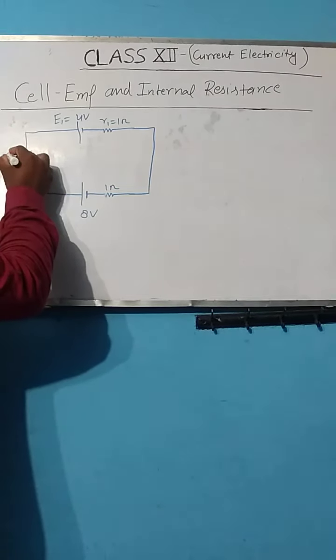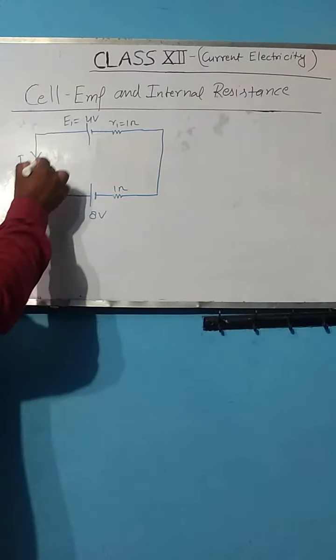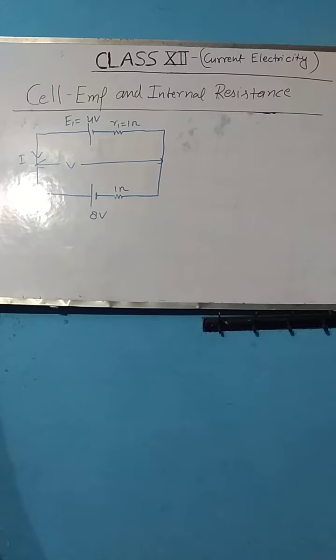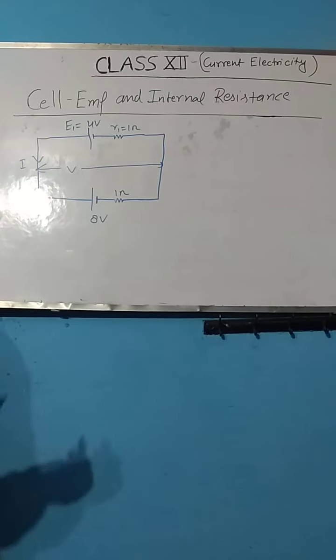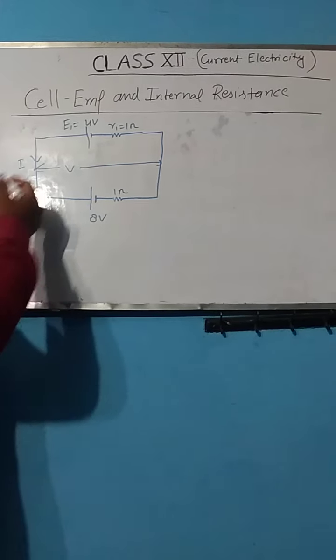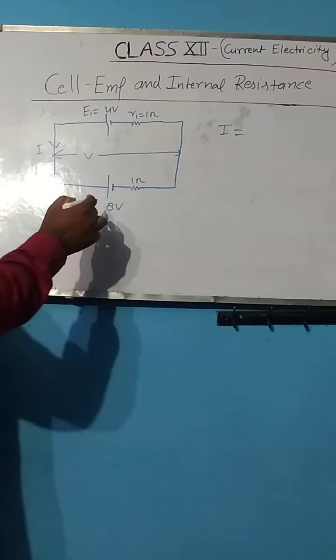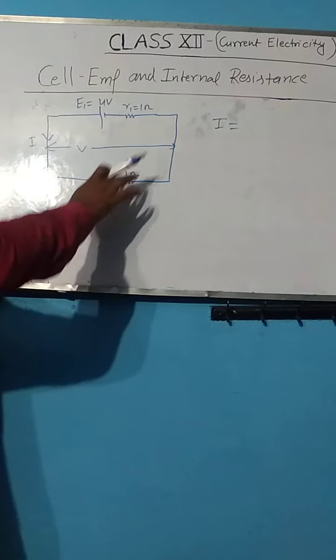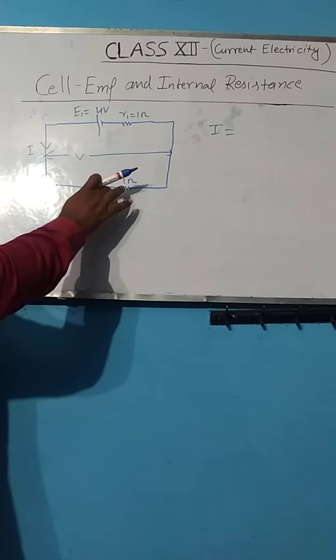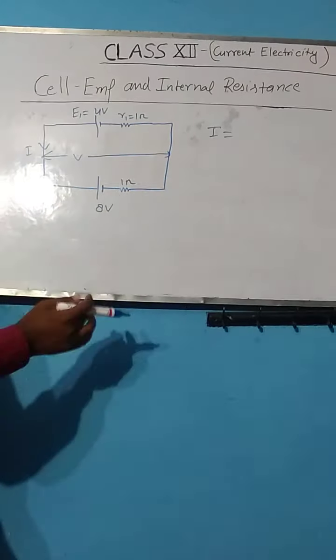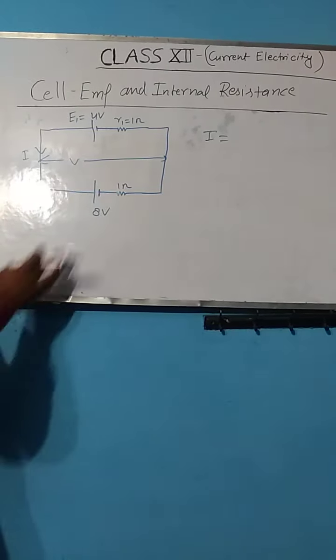Okay, this is current I, and the voltage V across both the cells will be the same. First we have to calculate the current I. So the current I will be given by, when we take the EMF, this is 8 volt minus 4 volt, so the net EMF of the cell will be subtracted.